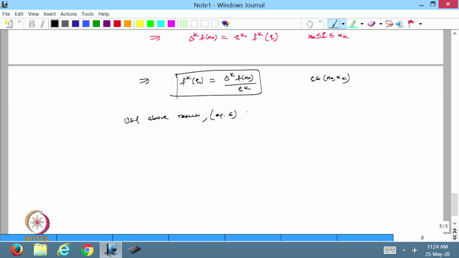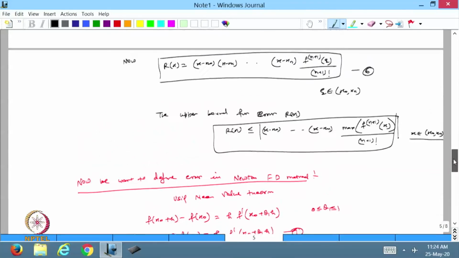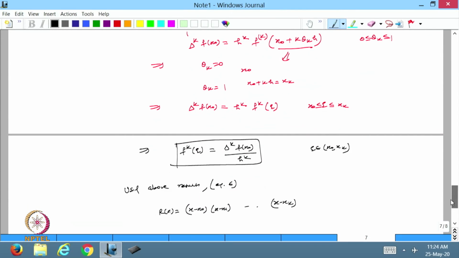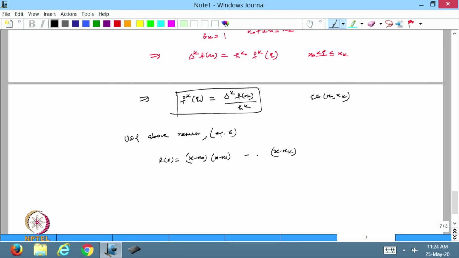using equation 6, I can write my error function R x is equal to x minus x 0, x minus x 1, up to x minus x k. So, I am taking here the k value, and this I can choose. Now, my f n plus 1 xi will be the same as the k plus 1 times finite difference operator.